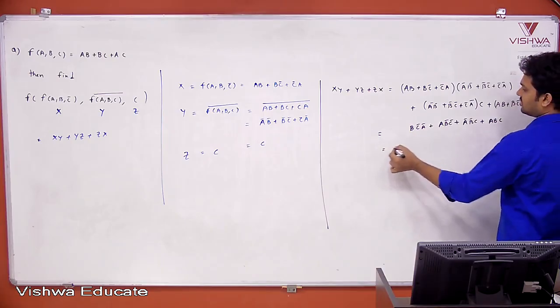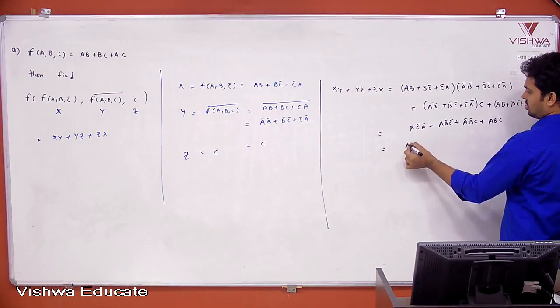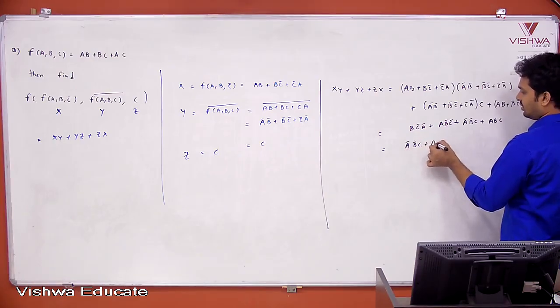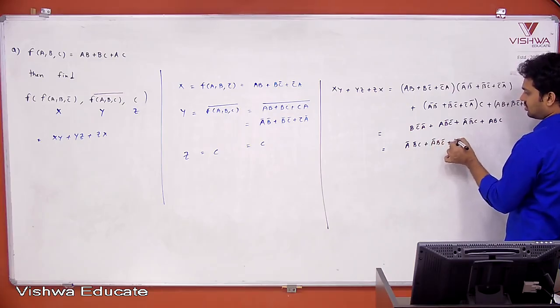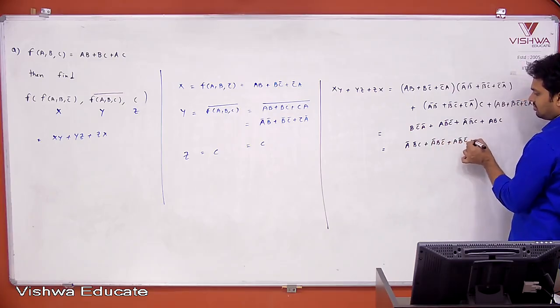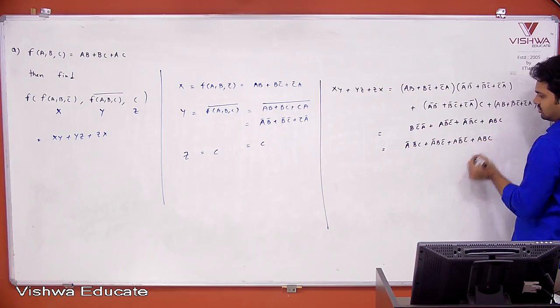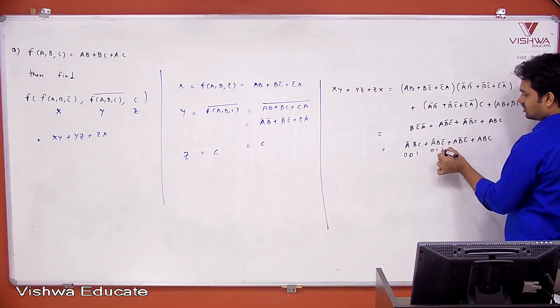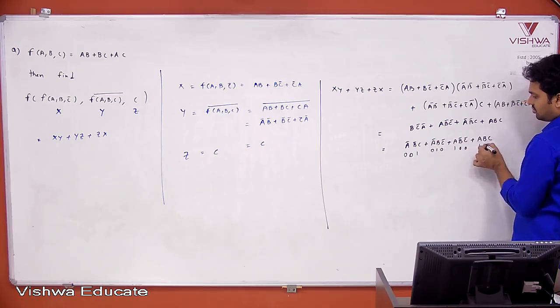So what is this function finally? A bar, B bar, C. A bar, B, C bar. A, B bar, C bar. A, B, C. So 0, 0, 1; 0, 1, 0; 1, 0, 0; 1, 1, 1.